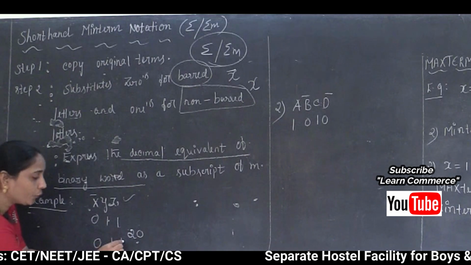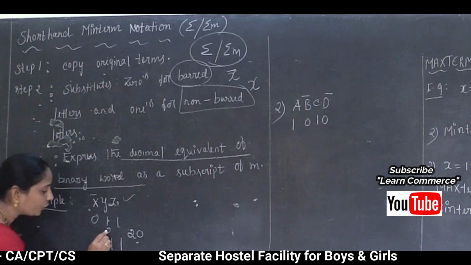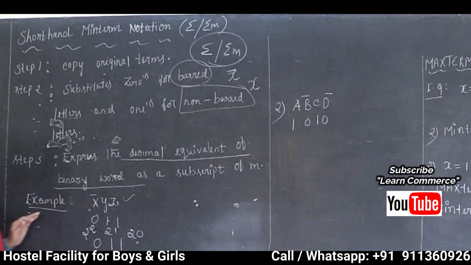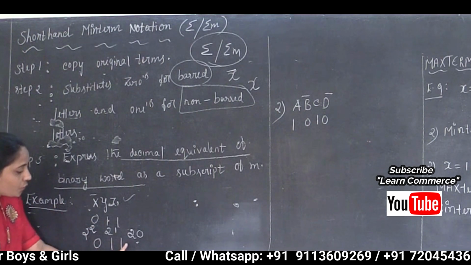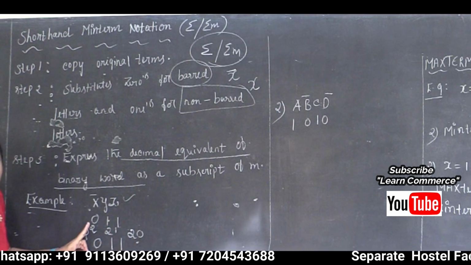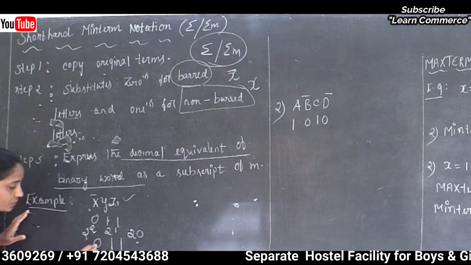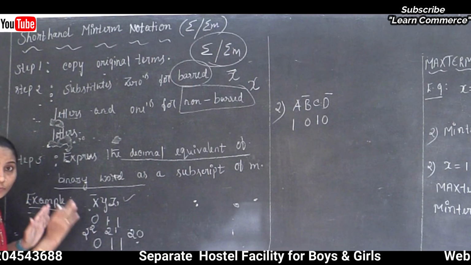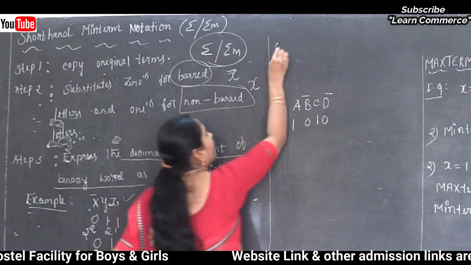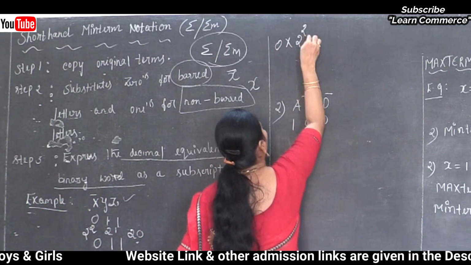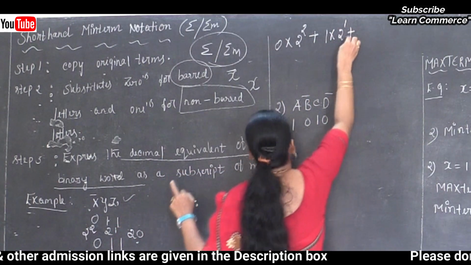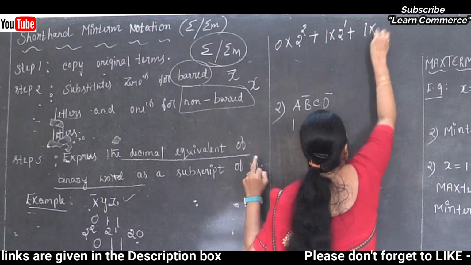So 2 to the power of 0, 2 to the power of 1 and 2 to the power of 2. Then after placing the binary value for each, I am going to use multiplication: 0 into 2 to the power of 2, plus 1 into 2 to the power of 1, plus 1 into 2 to the power of 0.